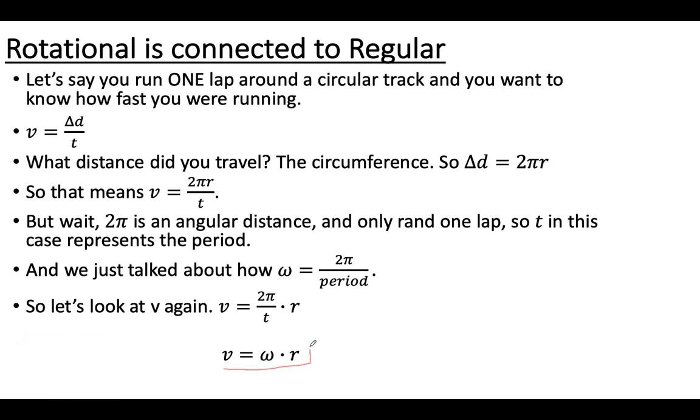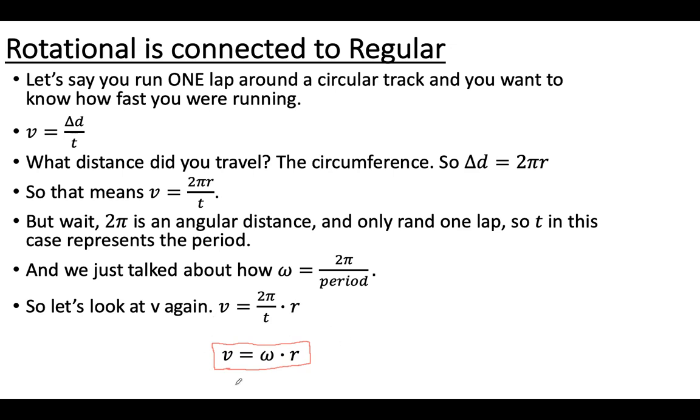V is equal to omega times r. This is how we get from regular speed to circular speed, or angular speed, rotational speed. It's actually a nice little simple equation. Your straightforward speed is equal to your angular speed just times the radius. That's all you got to do is multiply by the radius. And this is how you get back and forth between the two kinds.